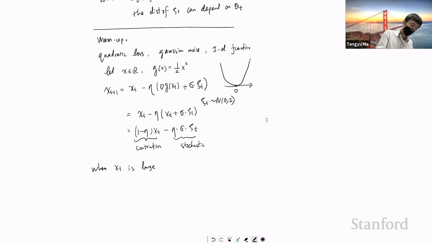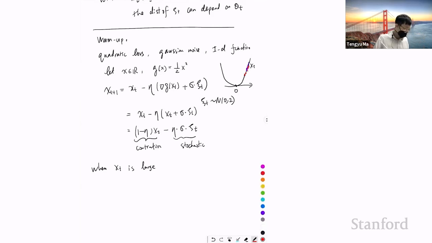For example, suppose your xt is here, then you first contract it to somewhere here, right? By multiplying by 1 minus eta, and then you add some stochastic noise. So maybe at the end of the day, you may end up somewhere near the shrunk point, right? But still, largely speaking, you are moving towards 0 because of the contraction, just because the shrinking is doing most of the work.